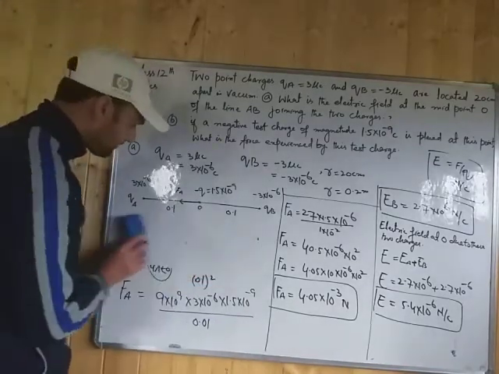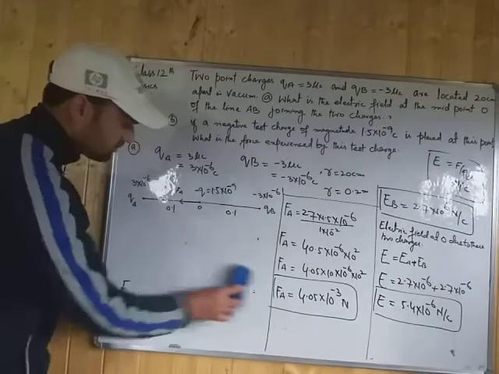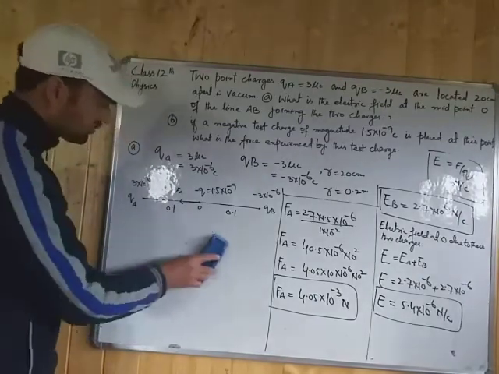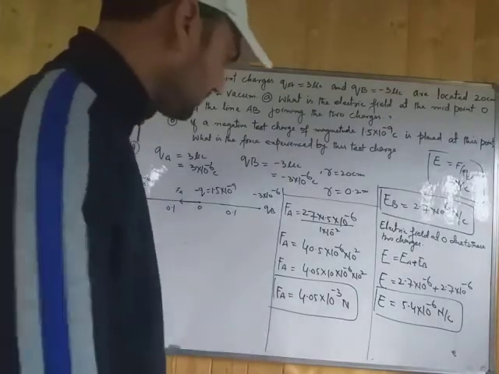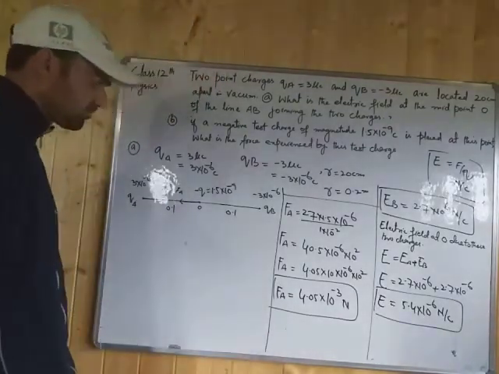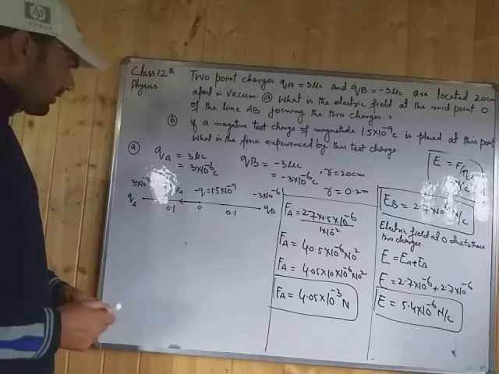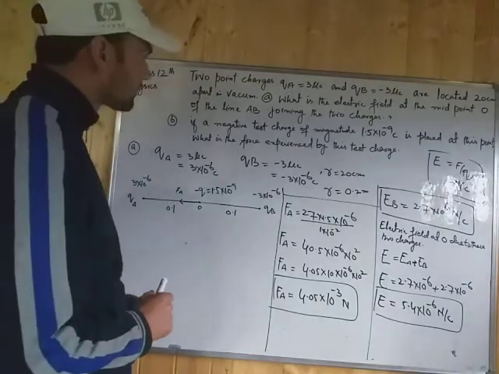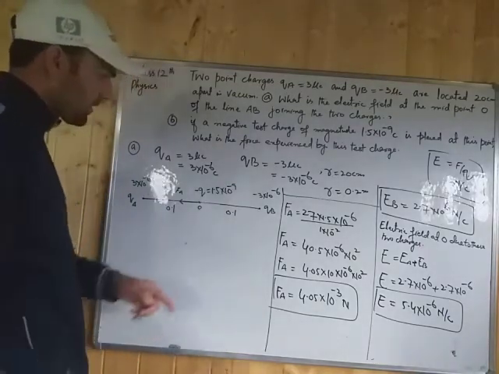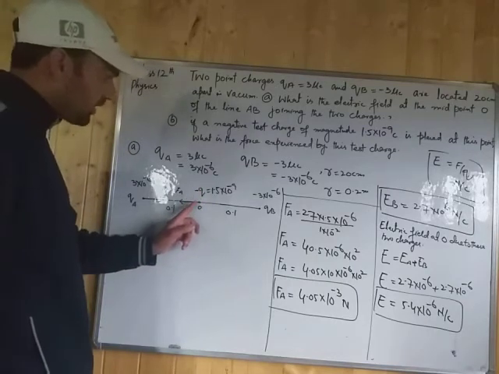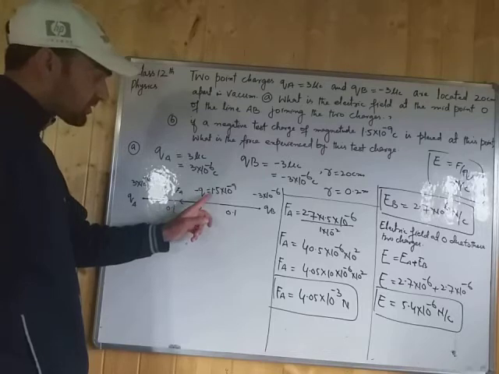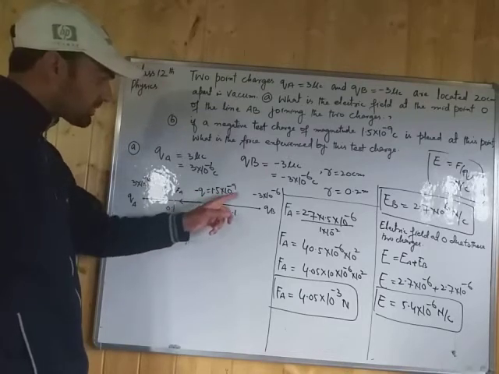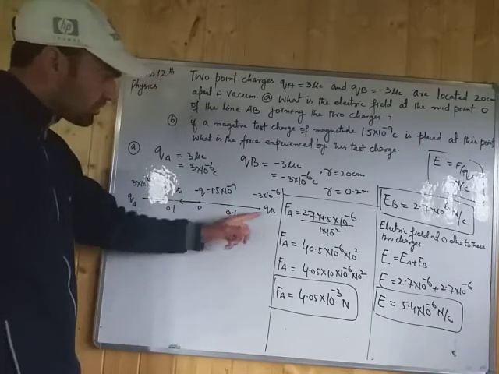So next, similarly, we'll calculate the force experienced by this negative charge, whose magnitude is 1.5 into 10 raised to power minus 9 coulombs, due to this QB.